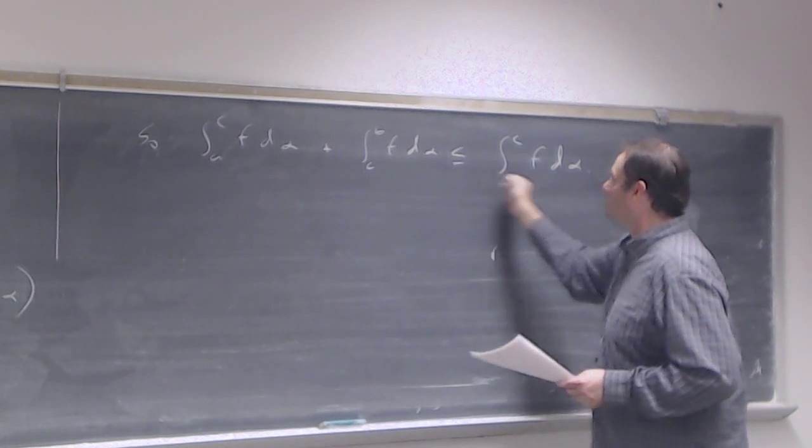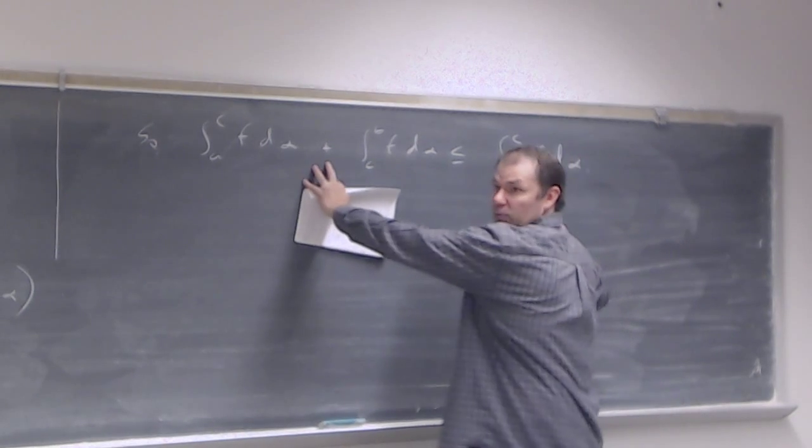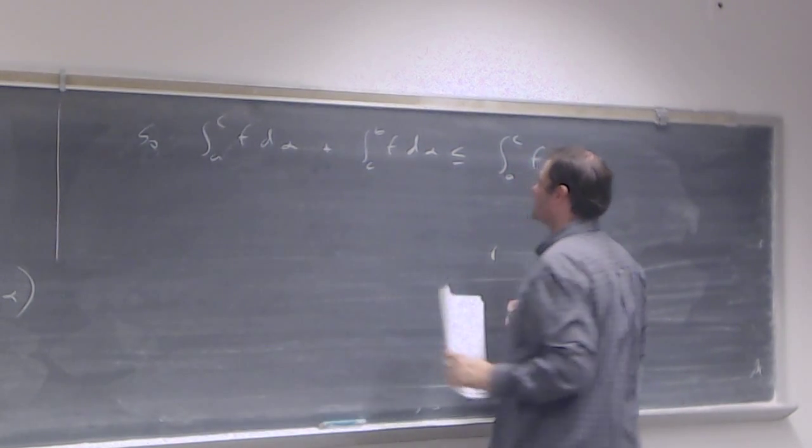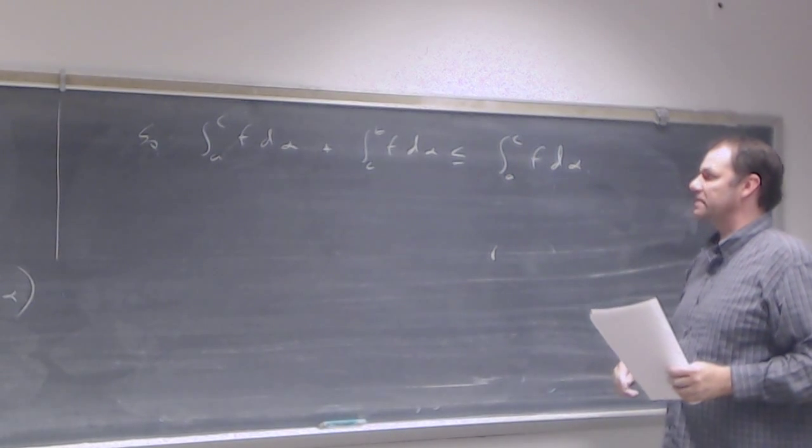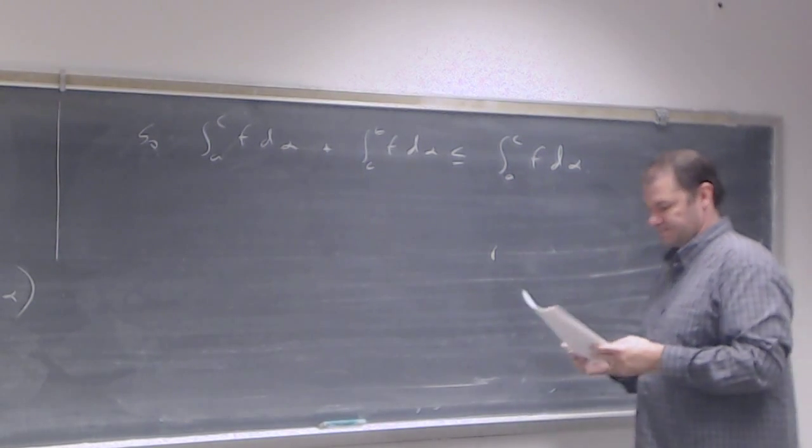We want to show these two quantities are equal, and what we got is a less than or equal to. So we need to show the other direction of inequality to prove equality.